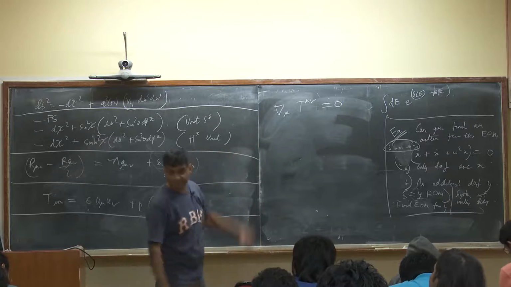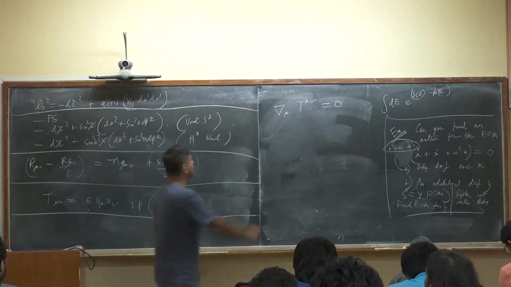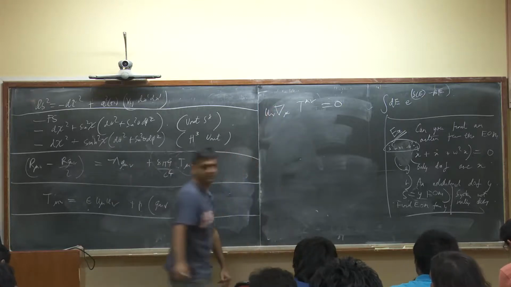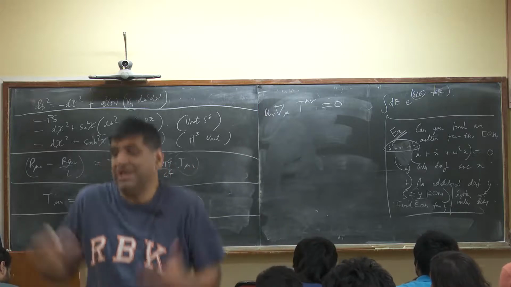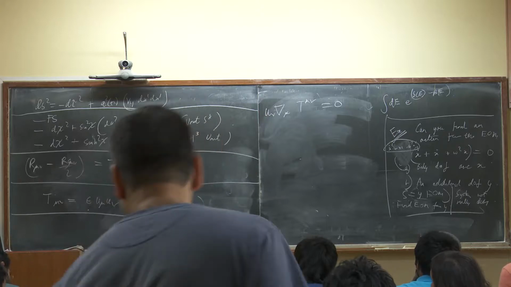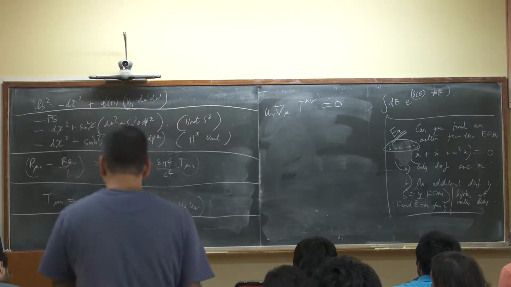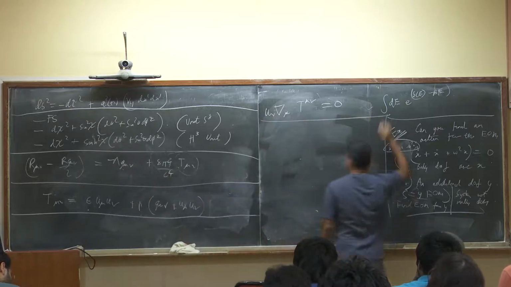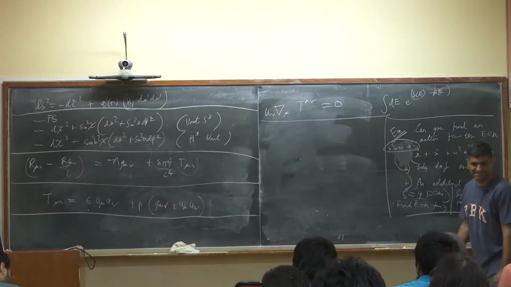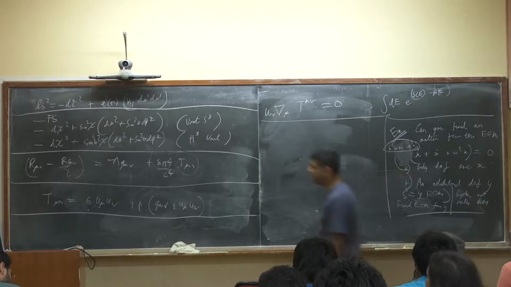This equation of motion has a free index nu. Suppose I take u nu times this equation of motion. That's also an equation of motion. It's a scalar equation of motion, and I want to see what I get.